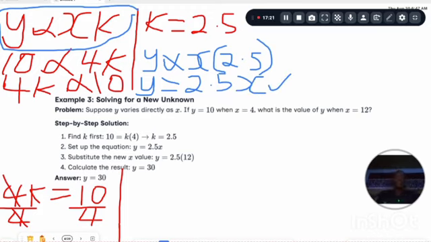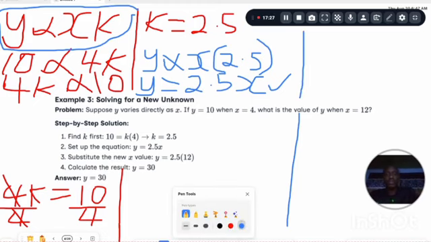Then I will now go to the last part of the work. Let me change the color to show that each step we're having a different color. So let's go now. I'll be using a black ink now. What is the value of y when x is 12?